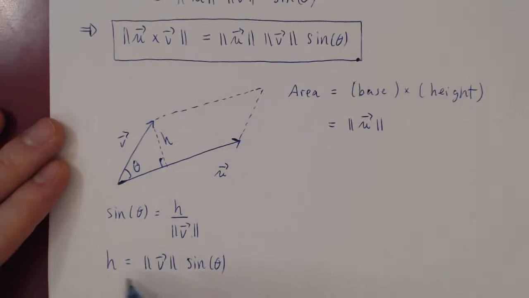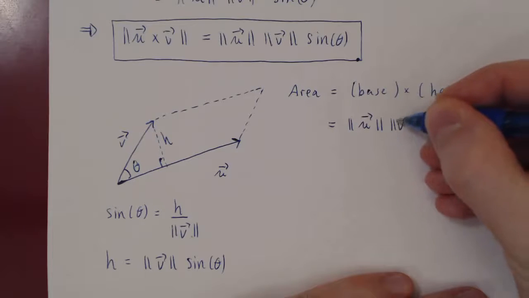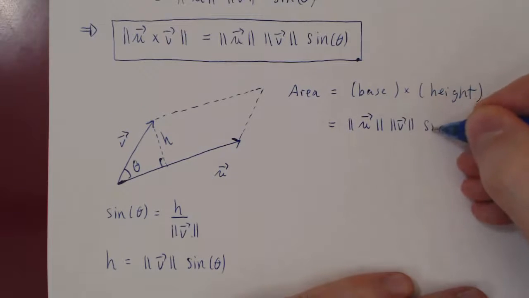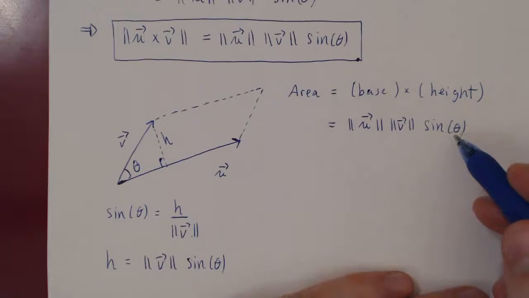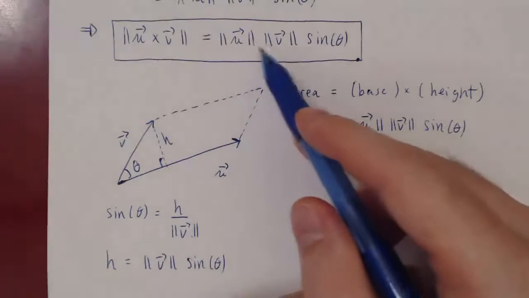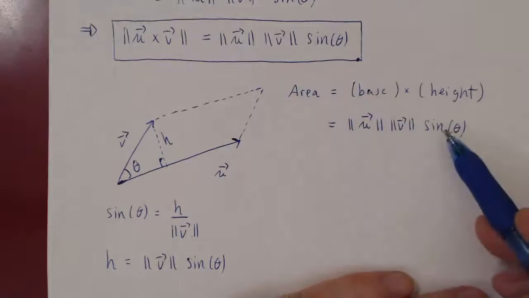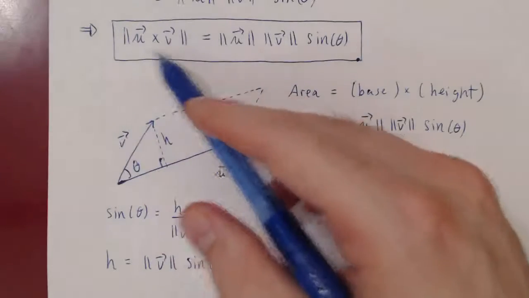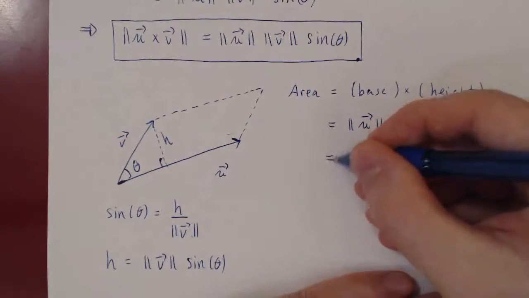And now we have the height of our parallelogram. So the height is norm of v sine of theta. If you notice this equality, norm of u, norm of v, sine of theta, that's just the same as the norm of the cross product between u and v. And there you have it.